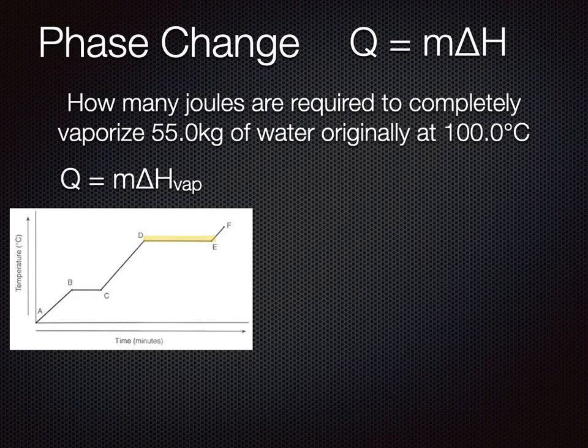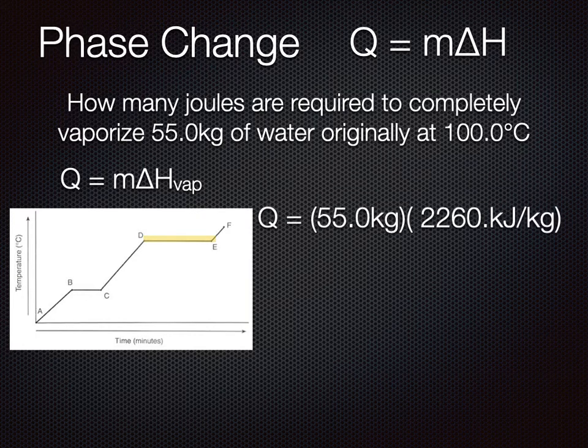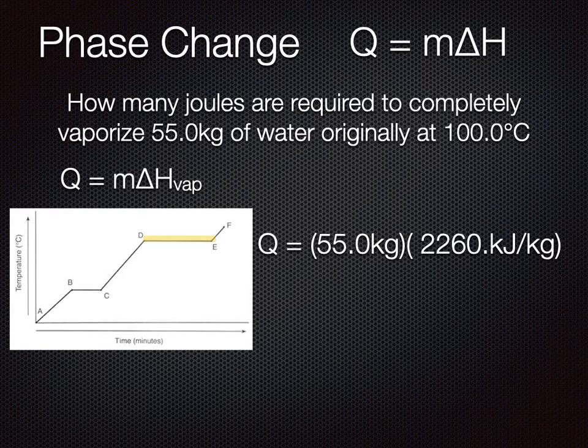There's no temperature change involved, so it's just Q equals M delta H. So you're going to set your equation up, Q equals M delta H. M is 55.0 kilograms, and then you'll find that 2,260 kilojoules per kilogram for the heat of vaporization. You multiply your numbers together, and you're going to get 1.24 times 10 to the 5th kilojoules.